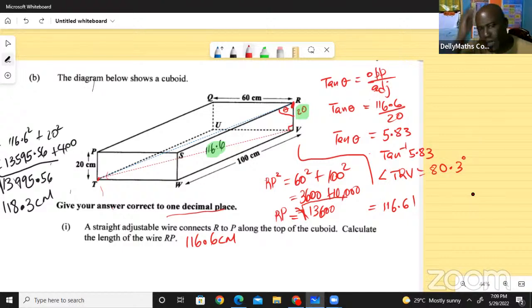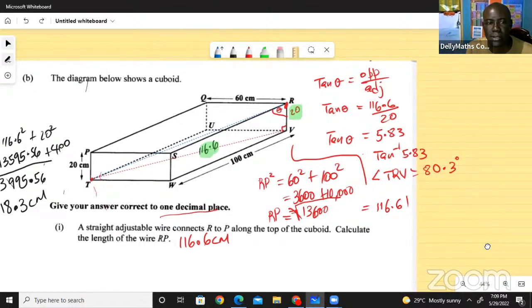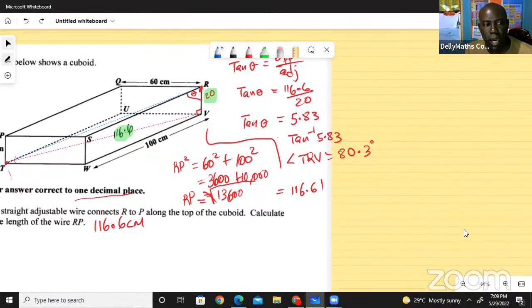Okay, all right, let me see if I could fix this for you so that you could understand. Let me create a better diagram now. So there is a R, let me just show you what's going on. R is up here, there is a V down here, and technically this is what happened here, all right?